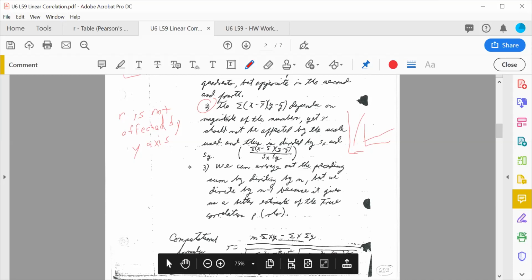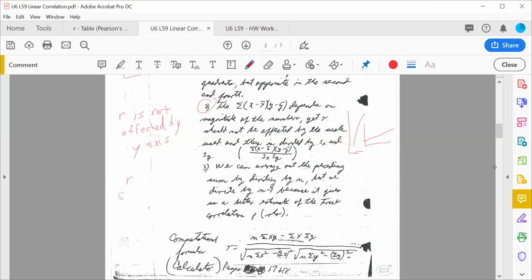Number 3 basically says R is a sample statistic, and it's used to estimate the Greek letter rho, which looks like the letter P. Just like X bar is used to estimate mu, just like P hat is used to estimate P, the population proportion, R is a sample statistic used to estimate rho.